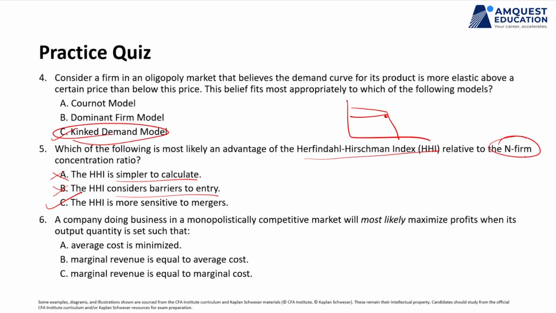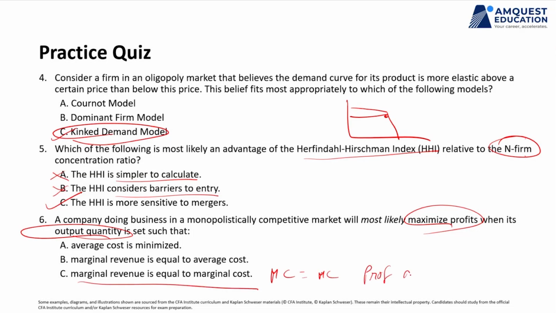A company doing business in a monopolistically competitive market will most likely maximize profits at which point? Now remember, this is about output. When should I stop producing my output? When my average cost is minimized, or MR equals AC, or MR equals MC. I told you MR equals MC helps you maximize profits.